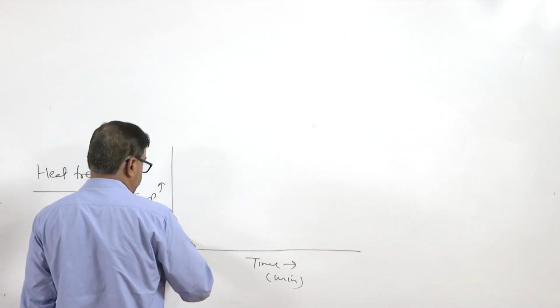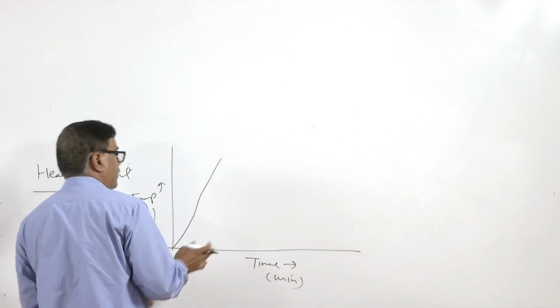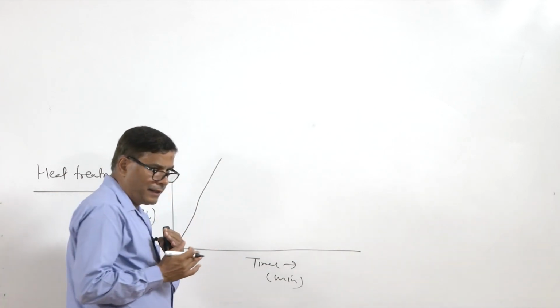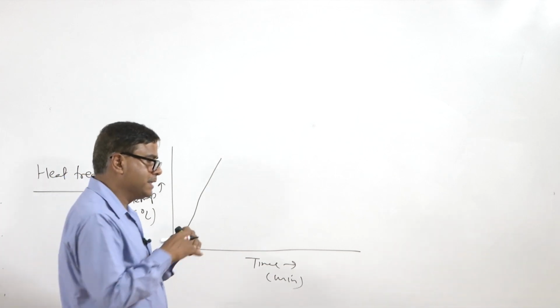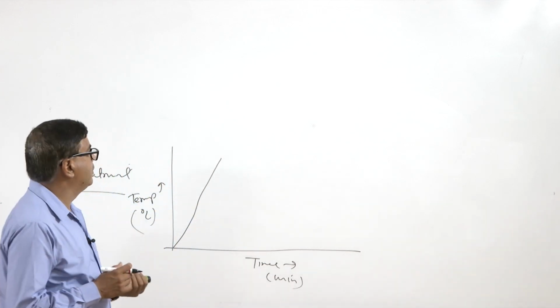Initially the component to be heat treated is heated slowly, not at a very high rate, so that the temperature of the entire cross section of the component is increased gradually and does not lead to differential expansion during heating.